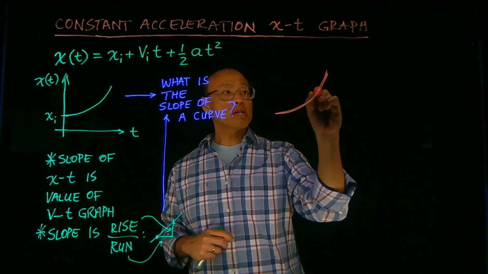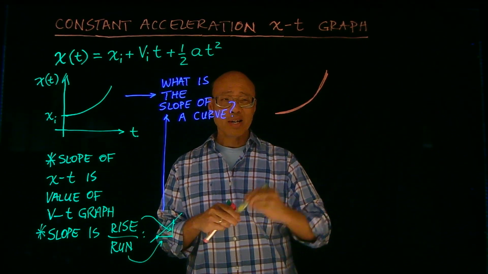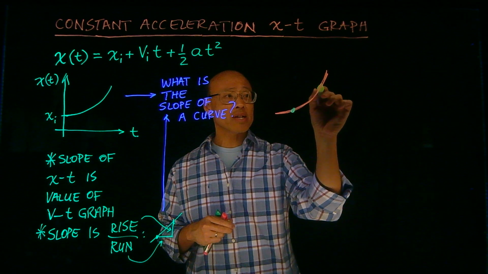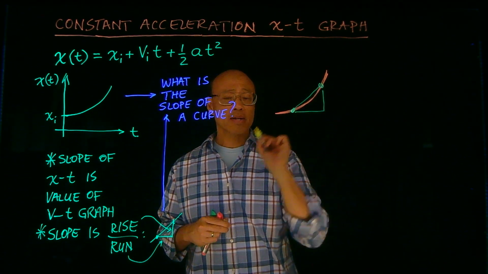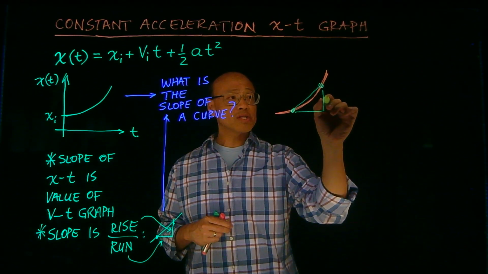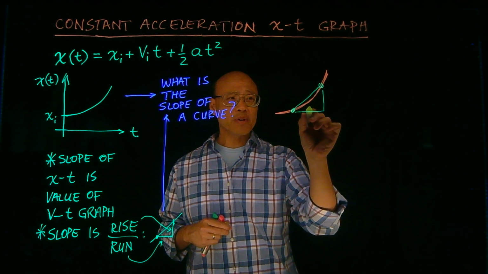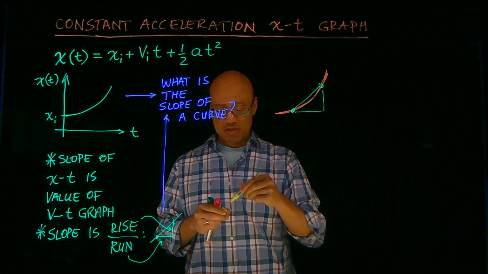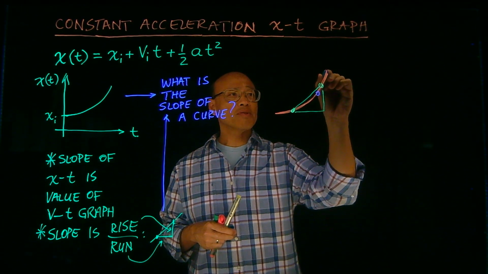And it's hard to see, if you do just rise over run on this, there's a problem, right? I could pick this point and this point, and I could do rise over run. And you could see that that's a certain ratio. But what if I pick a different pair of points? What if I happen to pick this point and this point?